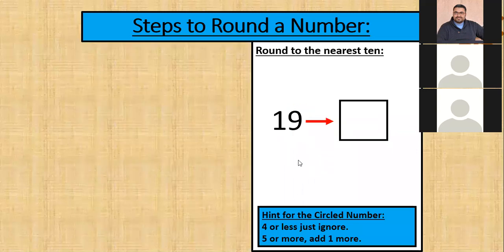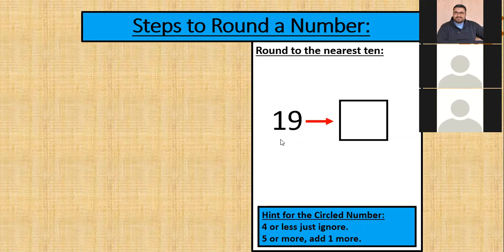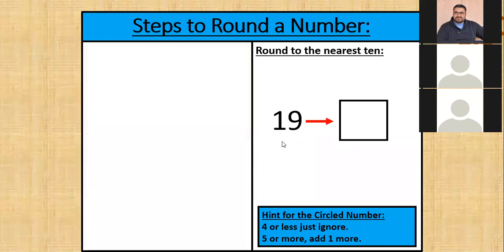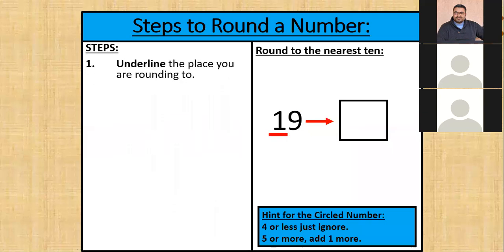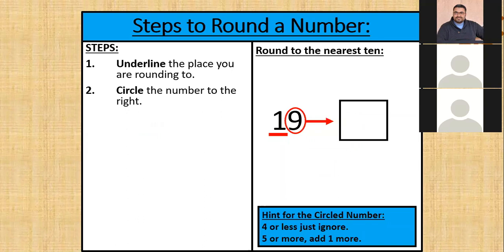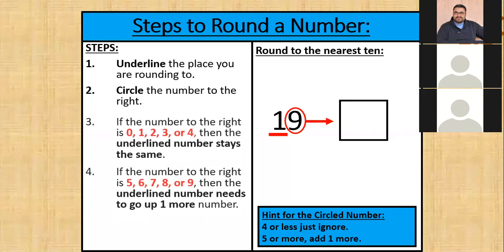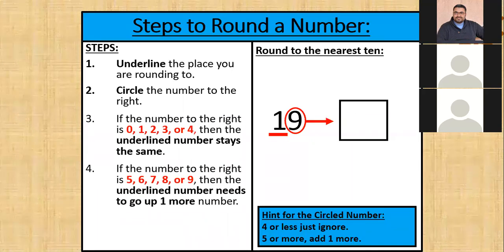Another example, 19. We want to round 19 to the nearest 10. Step number 1, we will put a line under 1. And make a circle around 9. And we will stop to check. We want to check 9. Rich number or poor number? 9 is a rich number.